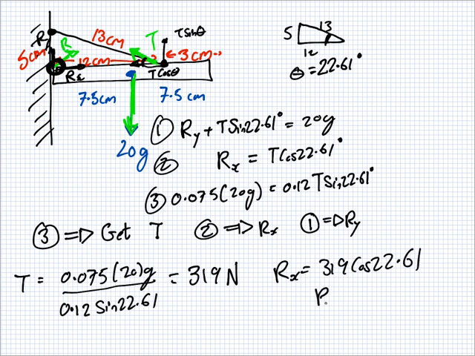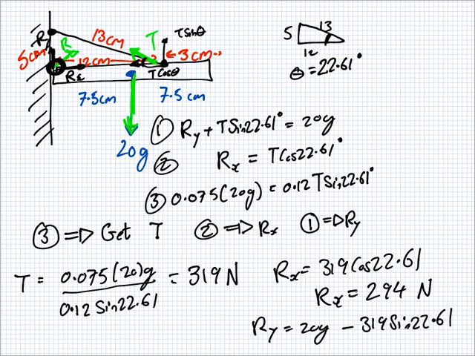So what's the Rx equal? 294 newtons. And finally, I can get the Ry is 20G minus T sine 22.61.